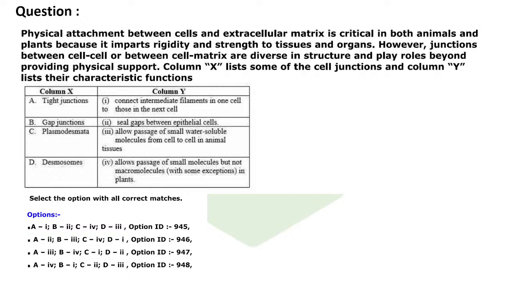This is the very first question for today. This is from unit number 4, that is cell adhesion, cell communication. Try the question, everyone.